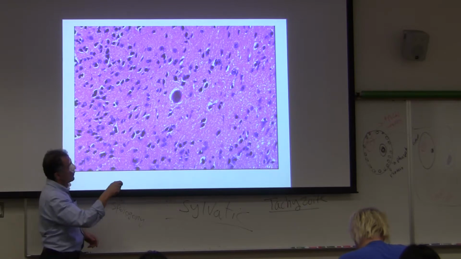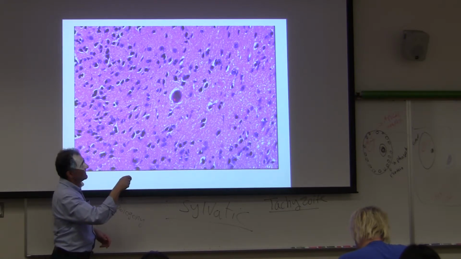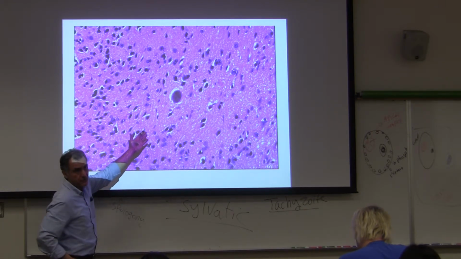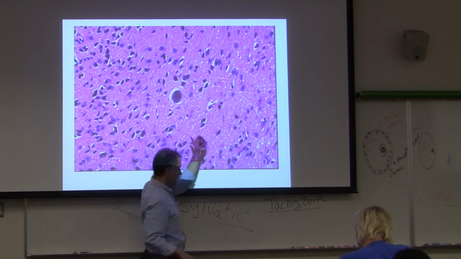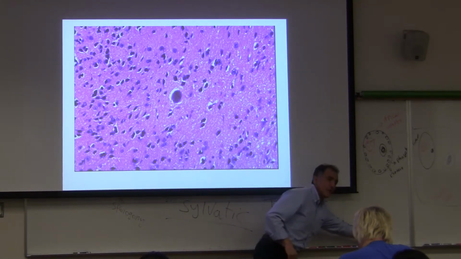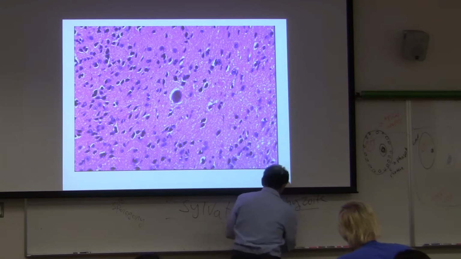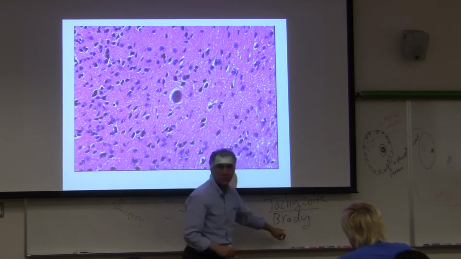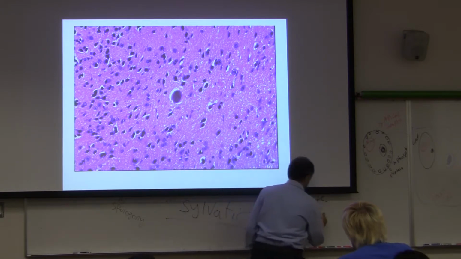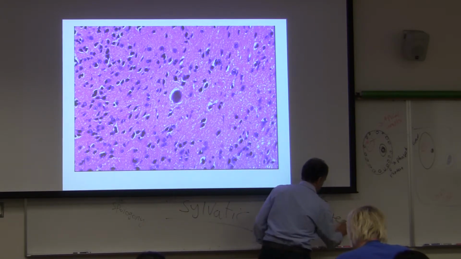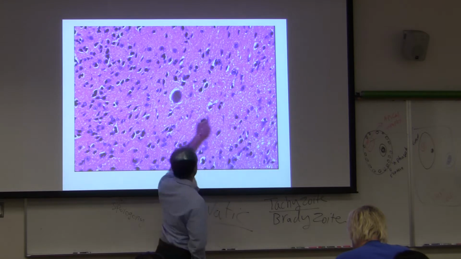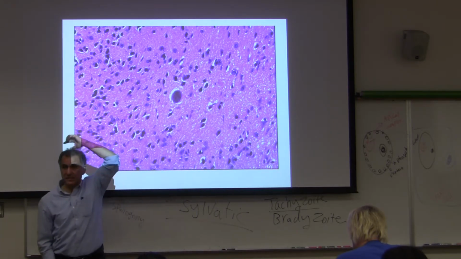So these guys form a cyst. This is from the brain of a mouse. We took this picture from the brain of a mouse. And that cyst is called, have you heard of somebody's heartbeat being bradycardia? Brady means slow. Bradyzoite. These cysts are called bradyzoite cysts.